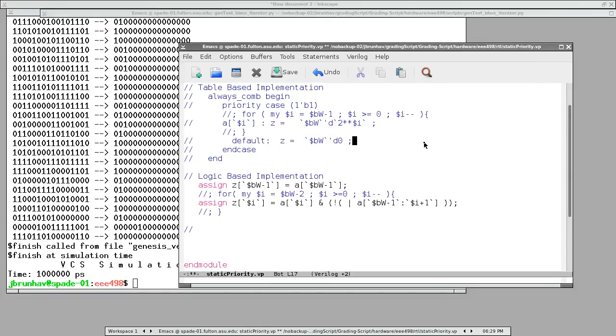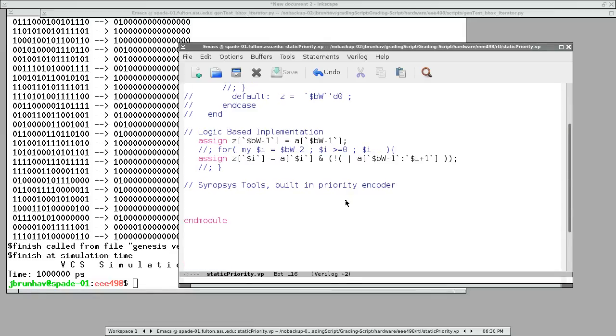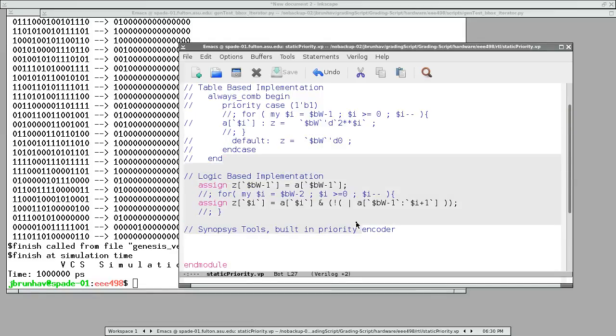But I do not have the library API available. You probably noticed I'm running Synopsys tools. They have a built-in priority encoder somewhere in there, and so we could just instantiate that module, and more or less what we're doing is wrapping it so that we could call it directly.